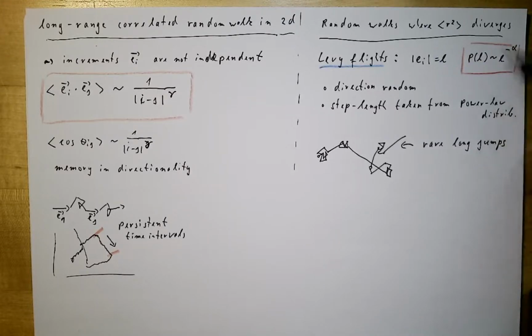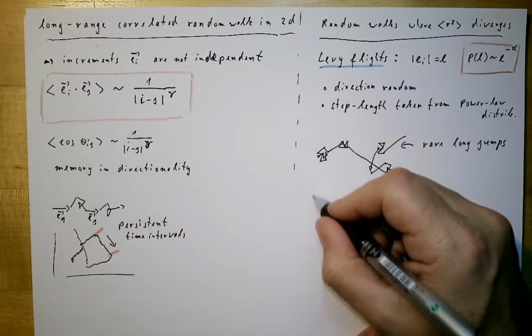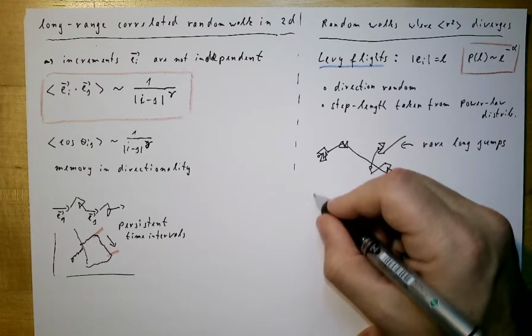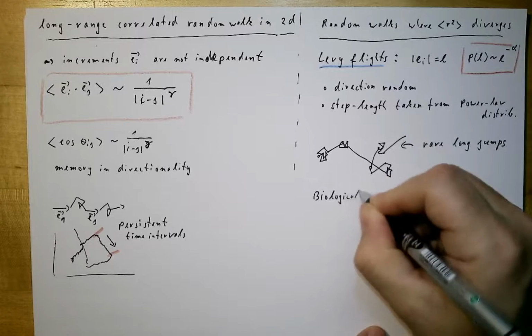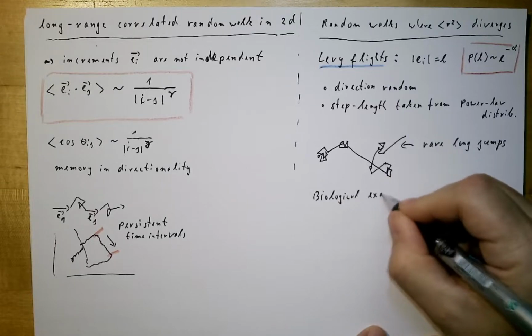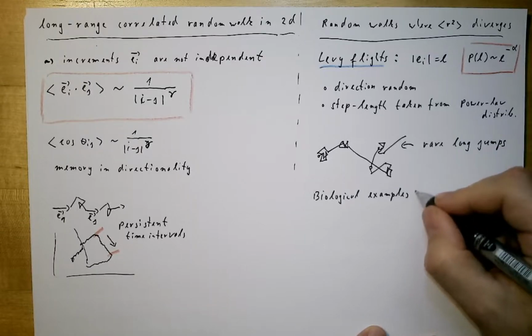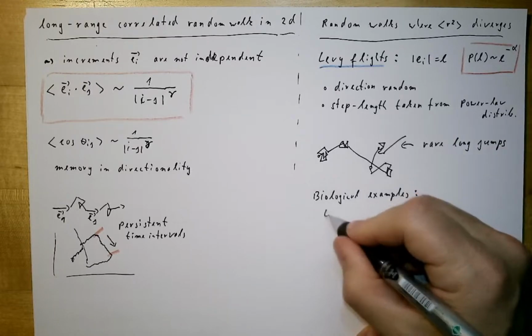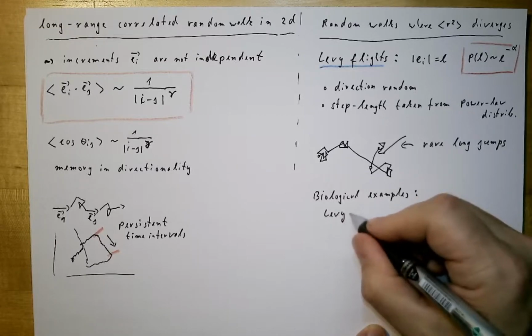And so this kind of Levy flights, they were developed by Levy to describe the movement of ants. So there are many biological examples. So we have from Levy, this was about flight of ants.